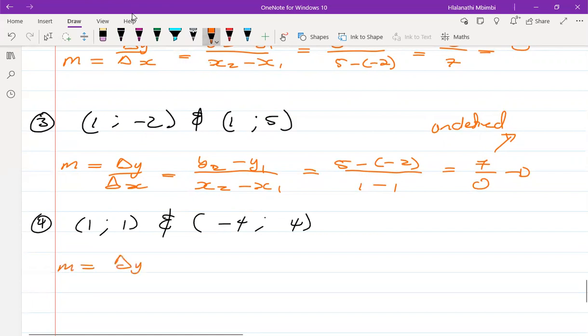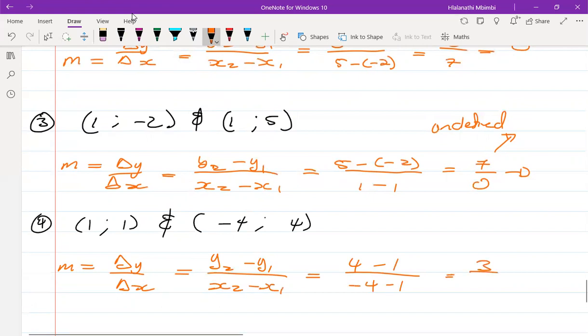The gradient would be change in y over change in x, which is y2 minus y1 divided by x2 minus x1. So this would be 4 minus 1 divided by -4 minus 1. 3 over -5.